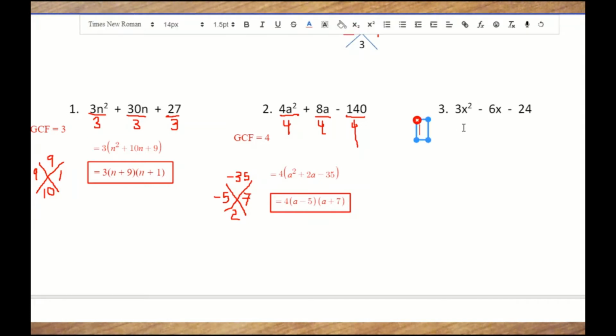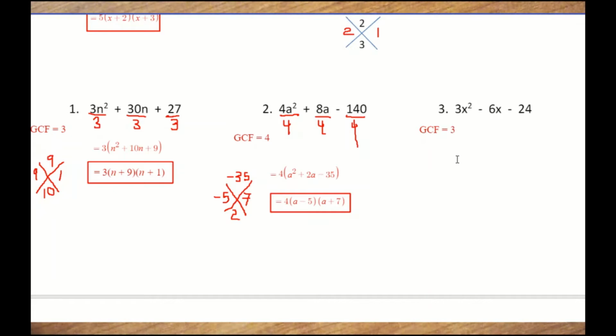So in number 3, we get a GCF that's equal to 3, which is pretty obvious here, I think. Now you don't always have a GCF, so don't just think, oh, I'm definitely looking for a GCF. Only factor out the GCF if it actually exists. So after I factor out the GCF, what that means is I'm basically going to divide all of these by 3.